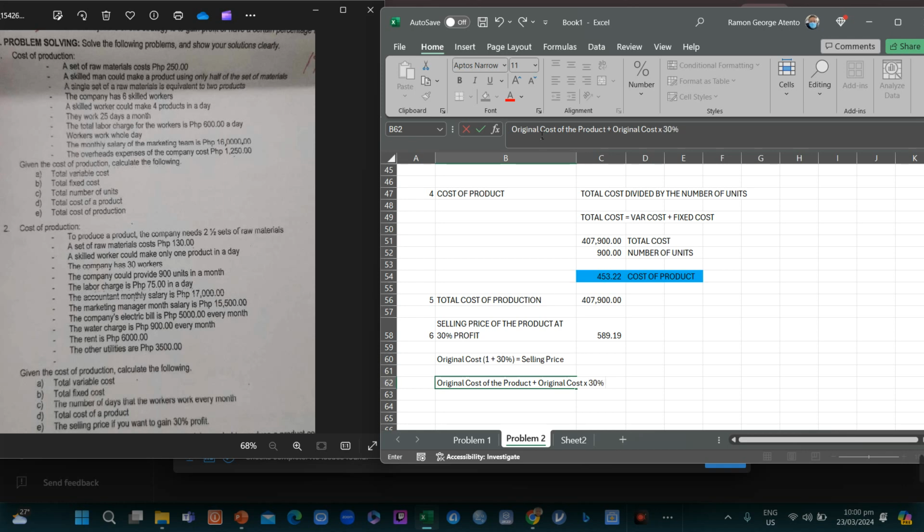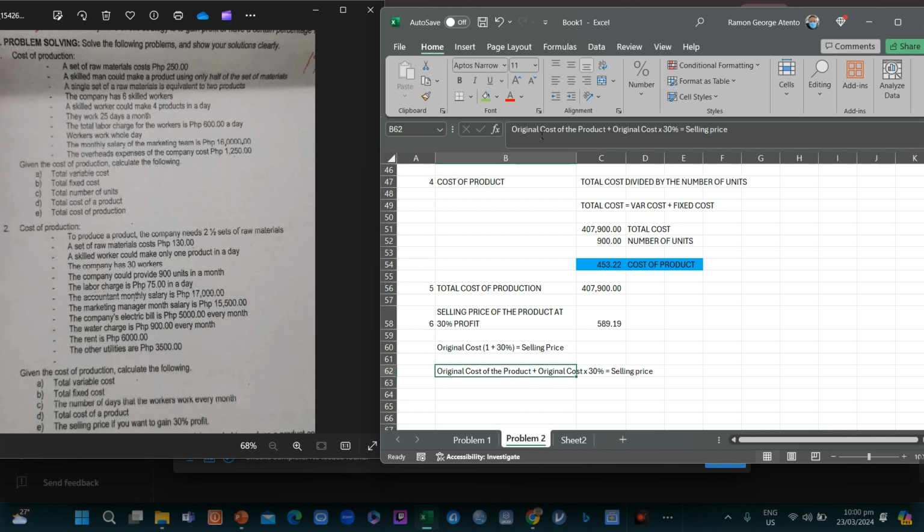That is the selling price. So this is actually the formula. The original cost of the product, in that case 453.22, and then you add this part. The original cost times 30% would be the 30% markup on this. So what is 30% of 453? Right? And then you add that to the original.